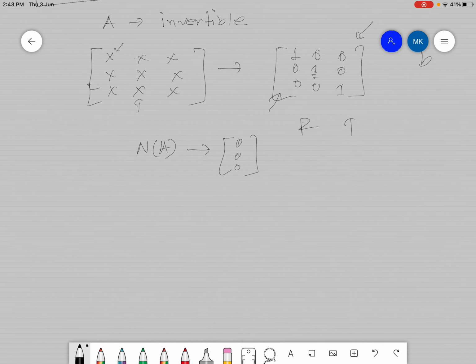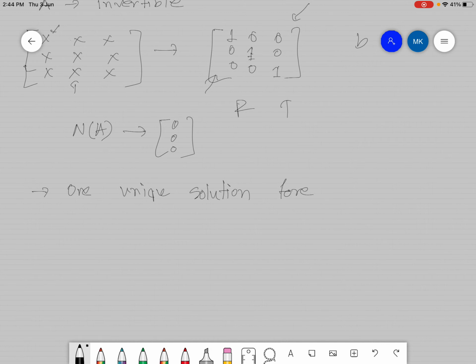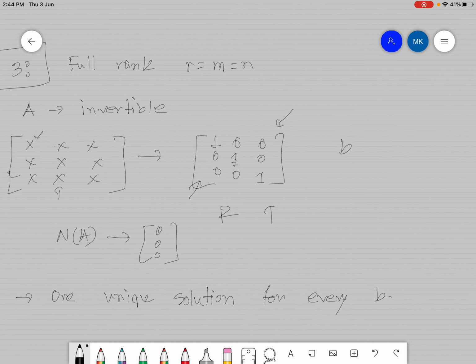Okay, so the summary here is one unique solution for every B. You'll always get a solution because the column space actually spans the whole vector space, right?